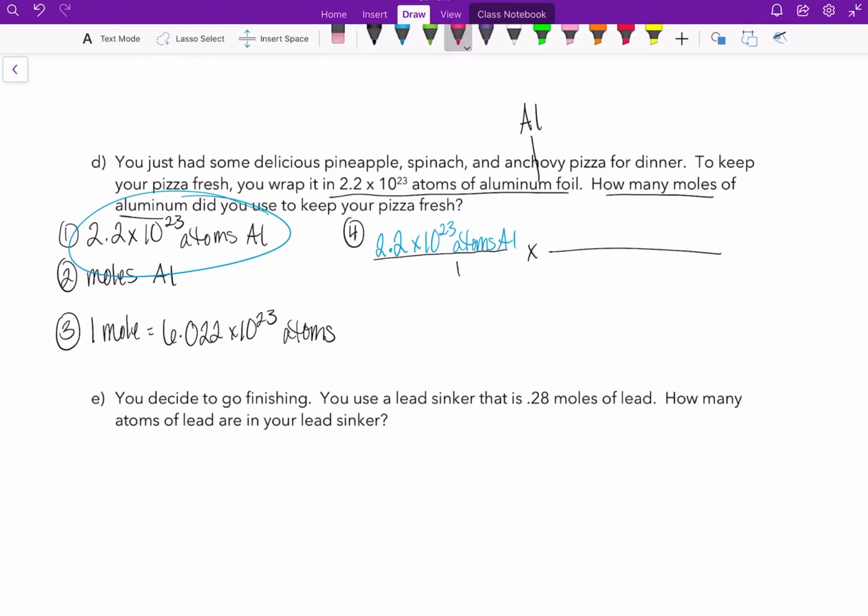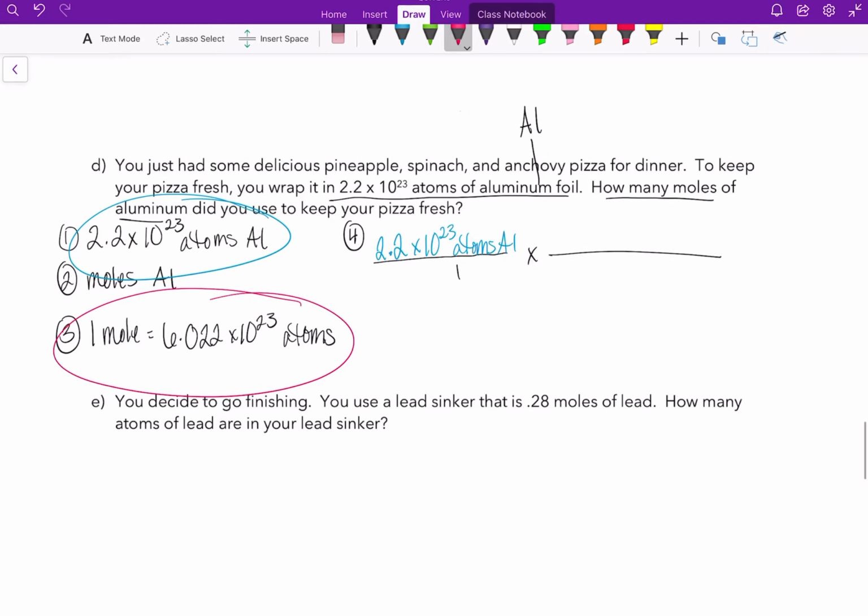Next thing we're going to do is put our conversion factor so that our units cancel out. Atoms is currently my numerator, so I need atoms to be my next denominator. We have atoms over there, so this whole thing goes with atoms down here. 6.022 times 10 to the 23rd atoms, Al.